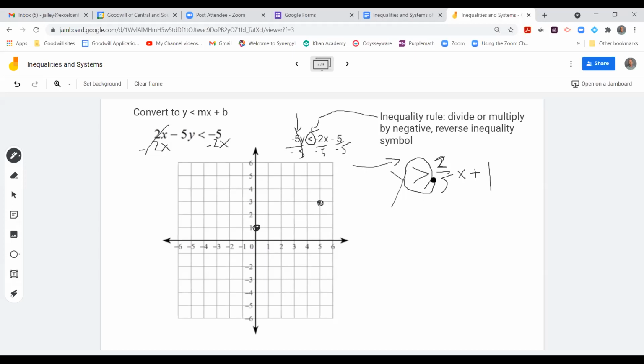And this symbol now says greater than, dash line or solid line? Dash. Dash line. Yep. So now our shading's going to be above.